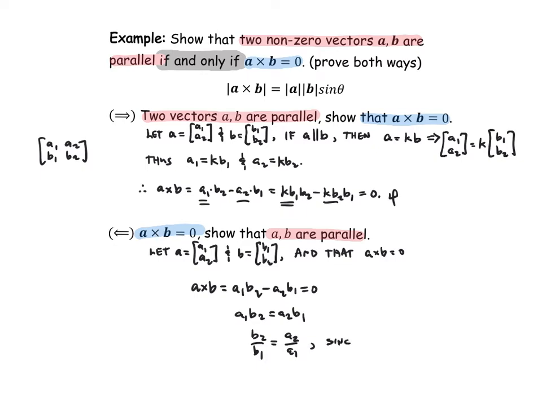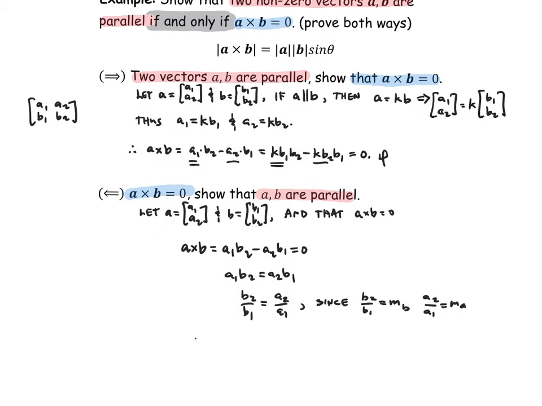And since B2 over B1 is equal to the slope of B, and A2 over A1 is equal to the slope of A, then the slope of B is equal to the slope of A. Oops, I should put that in lowercase letters.